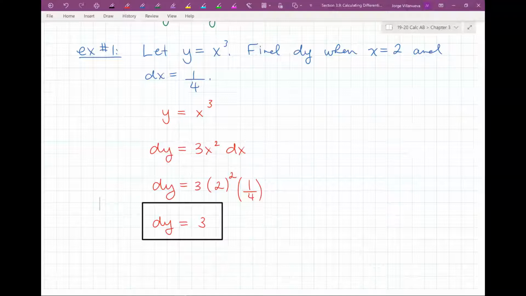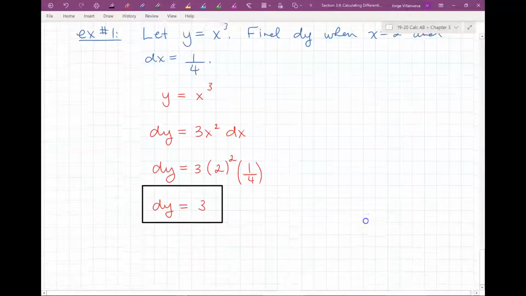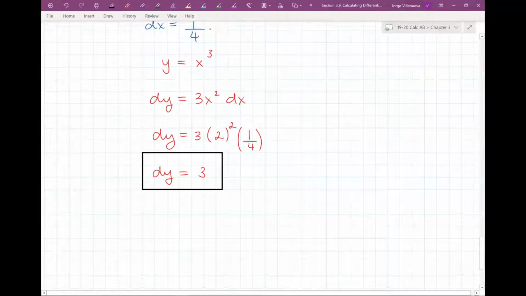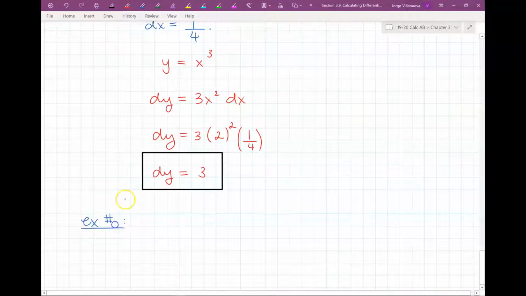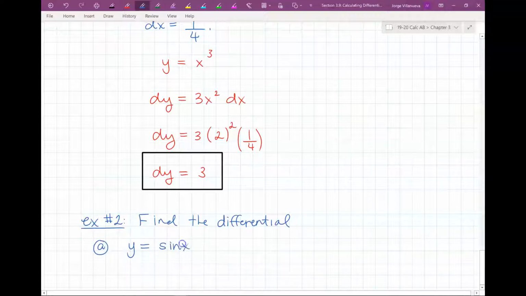We can also just do basic differentials without plugging anything in. So they might say something like this. Example number 2. Find the differential, and they give us something like y equals sine of x.